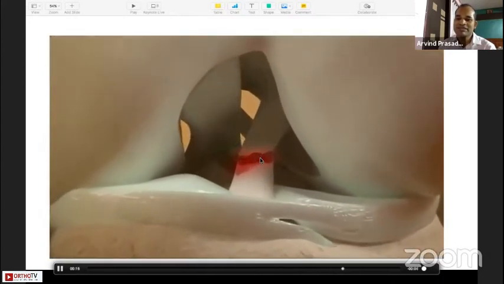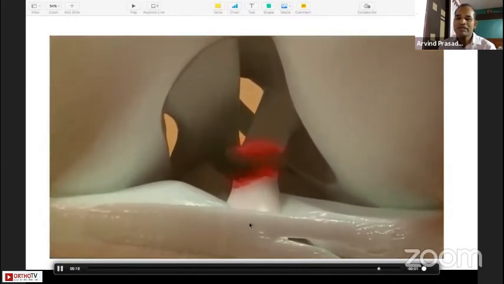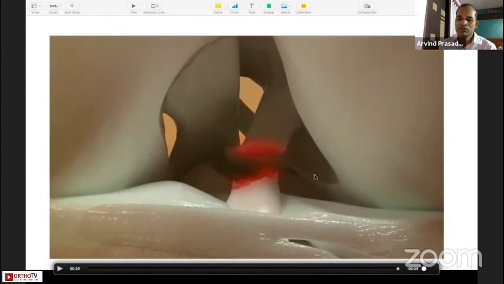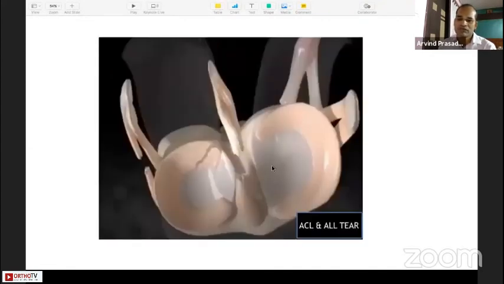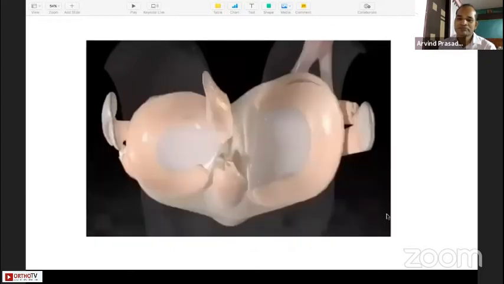And as the ACL is torn, the tibia moves further anteriorly, and this leads to contraction of the semimembranosus, which attaches posteriorly on the medial side, and an extension of this attachment also goes to the capsule. So further anterior translation of the tibia with the tear of the ACL and anterolateral ligament makes the semimembranosus contract, and this leads to the development of this ramp lesion.